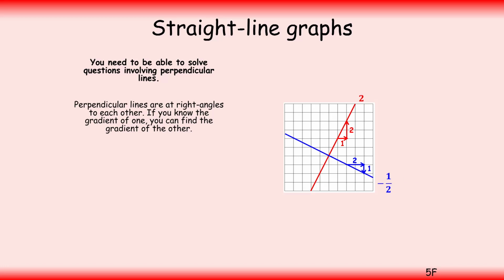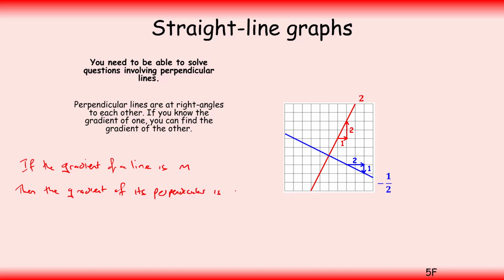So in general terms, we can say that if the gradient of a line is m, then the gradient of its perpendicular is minus 1 over m.